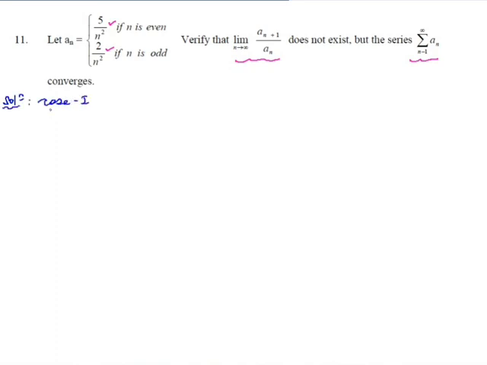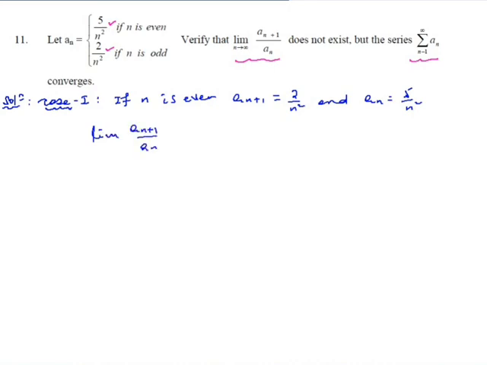The first case we take: if n is even, the n plus 1's term is an odd term. If n is even, n plus 1 is odd, so the n plus 1's term is 2 over n square, and the n's term is 5 over n square, as given.